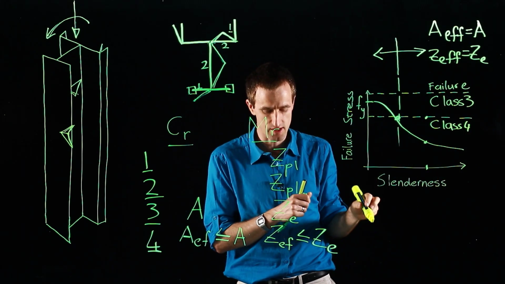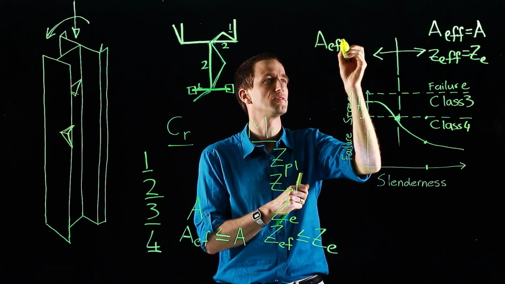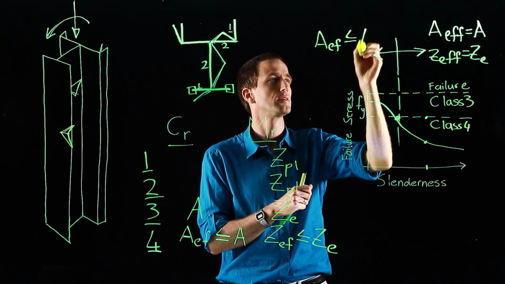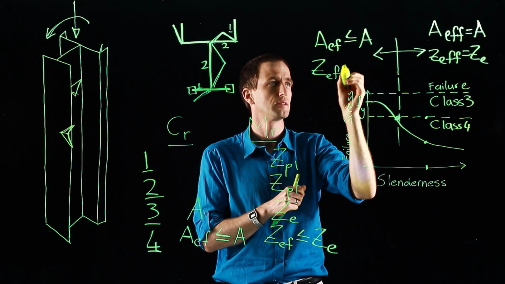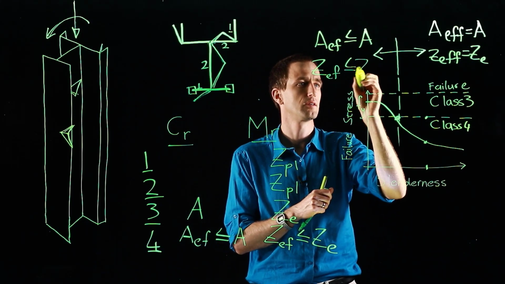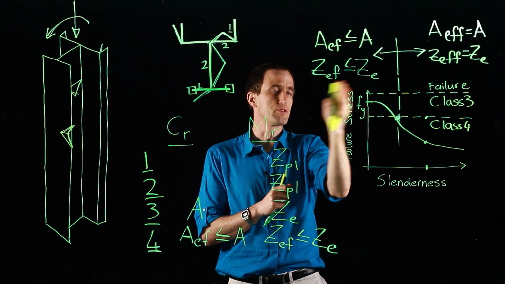Whereas on the left-hand side, we have our effective area or our Z effective, which is less than that. And so we would have to reduce the cross-section.